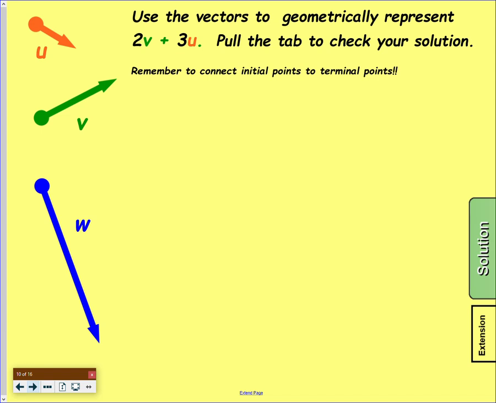All right. So build for me 2v plus 3u. I would recommend maybe starting over here somewhere. What you're going to do is just grab this and bring it down here and then build off of that.